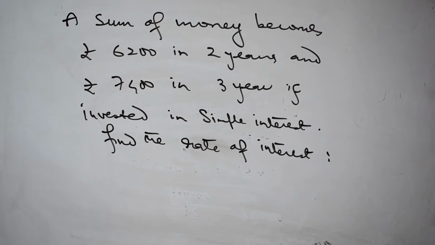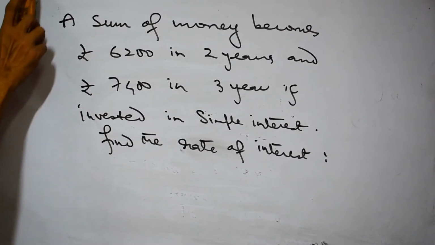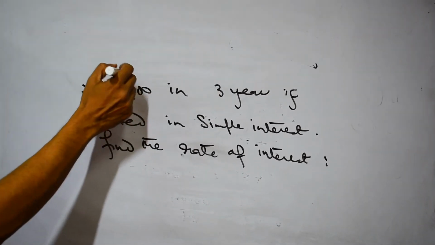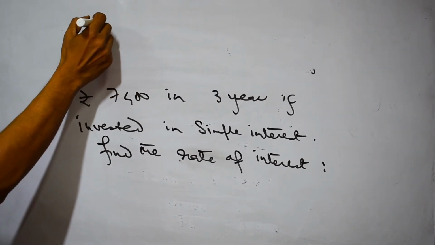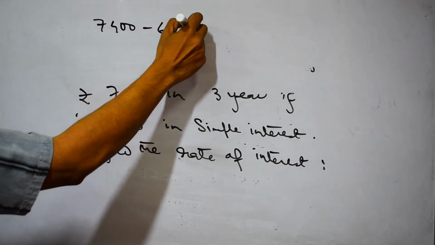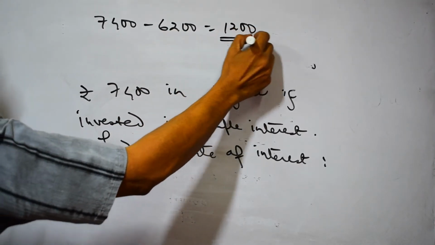So what we can do is take the difference between these two. If I take 6,200 subtracted from 7,400, then I am getting 1,200. This is annual interest.